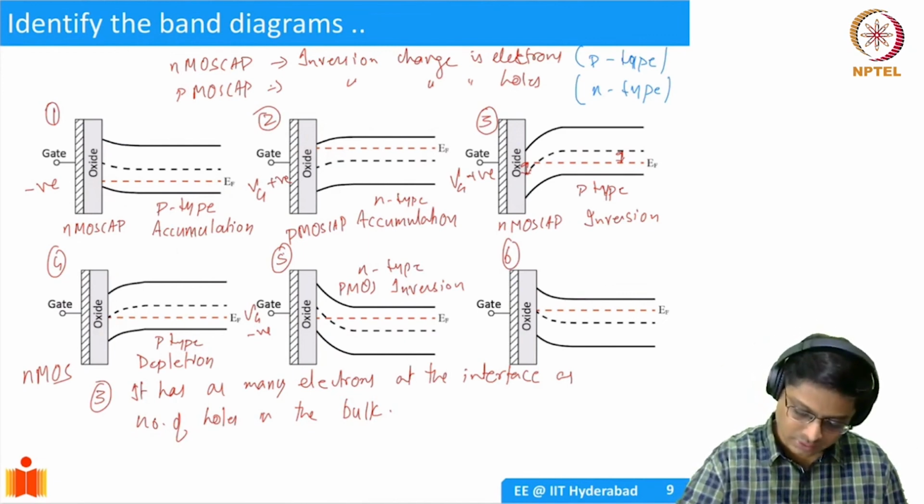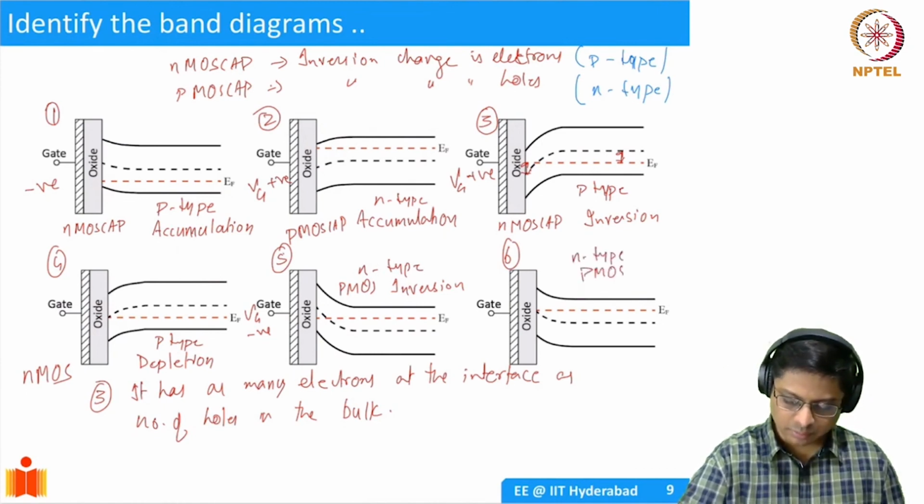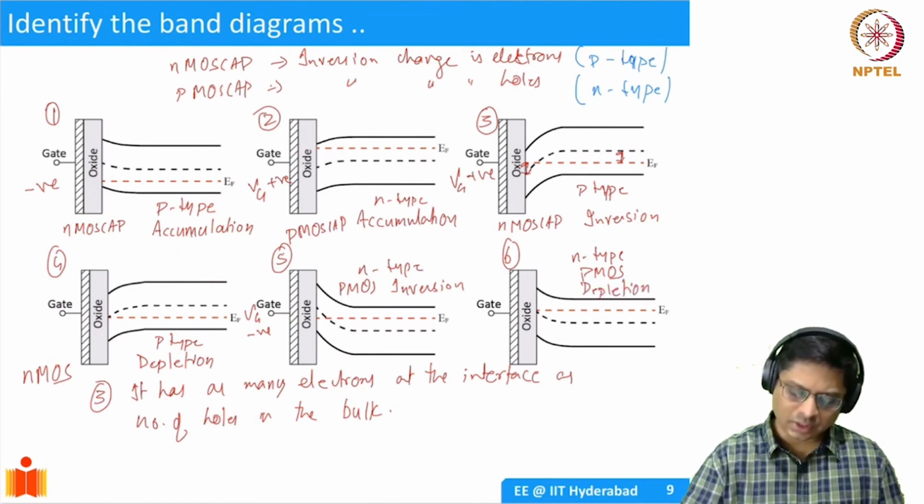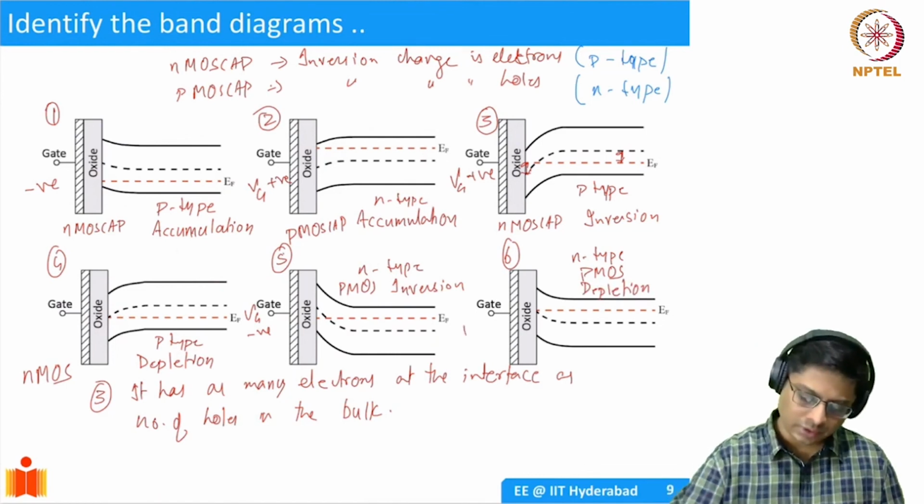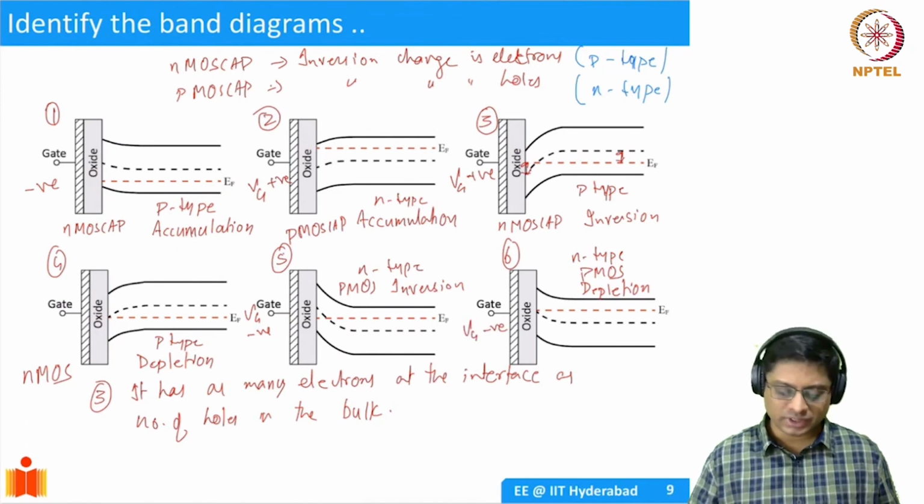The last one, again an N-type substrate, so PMOS and depletion. If you're pushing away electrons, you need to have Vg negative. So this is how you can analyze.